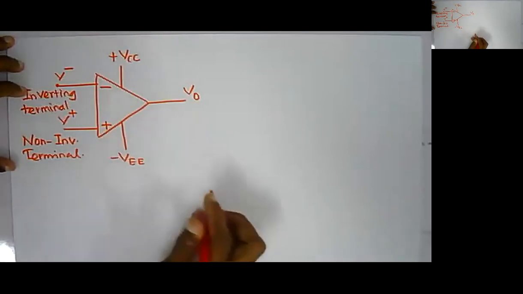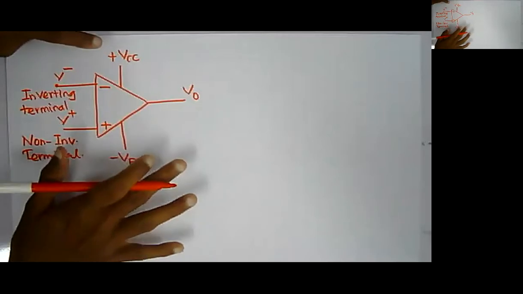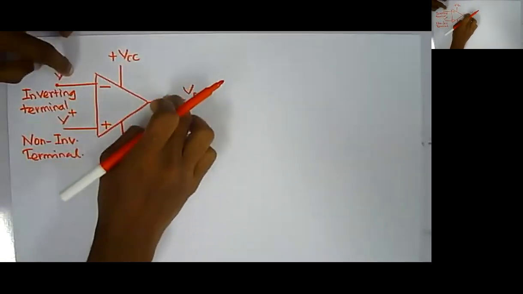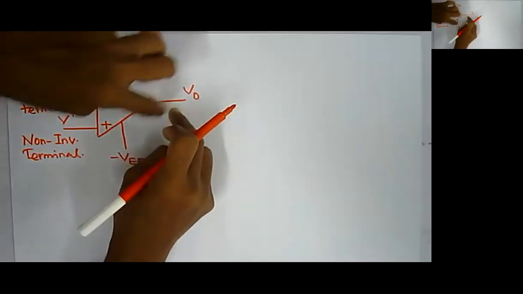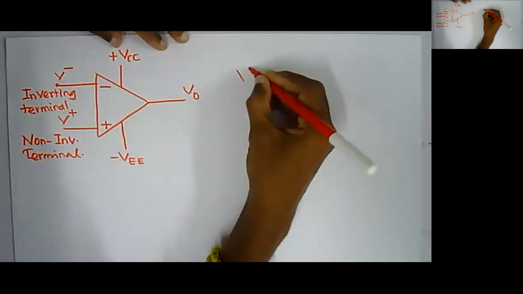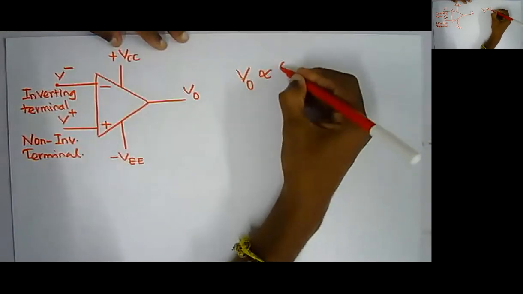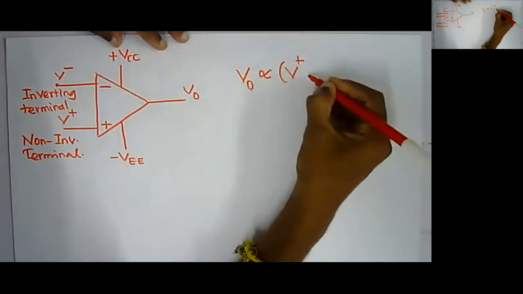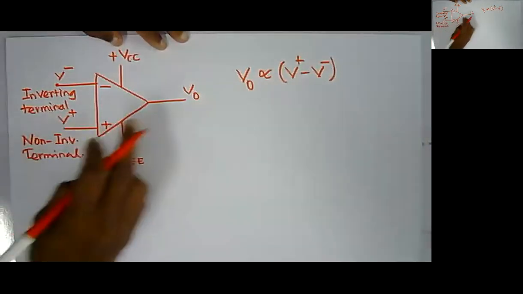In an operational amplifier working under open loop conditions, there are no feedbacks, no connections from V out to V minus or V out to V plus. Then I can write V out is proportional to V plus minus V minus.